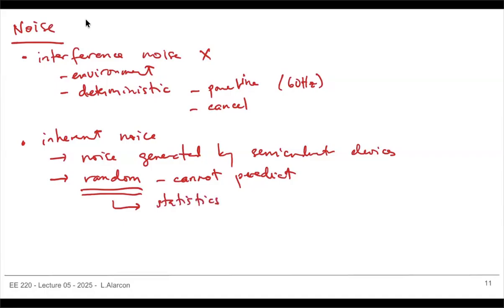Right? What are the statistics of these random phenomena? And then maybe we can look at, as you would imagine, the easiest things like the mean and the variance. But more importantly, we can start looking at limits. That means, how much is this random phenomenon or random variable changing?